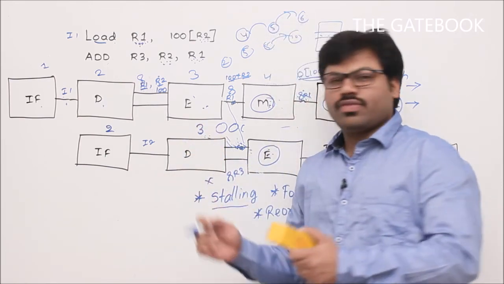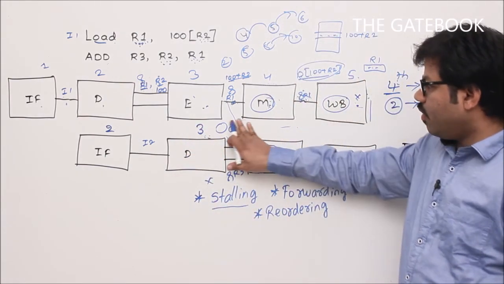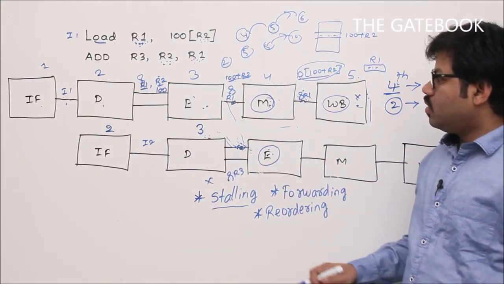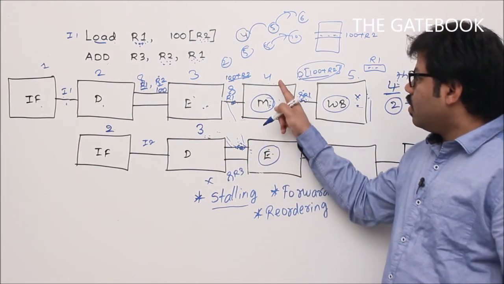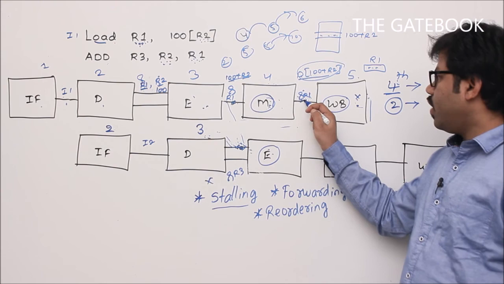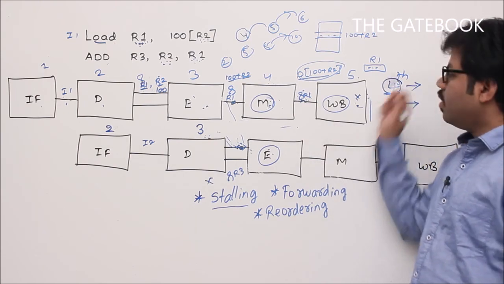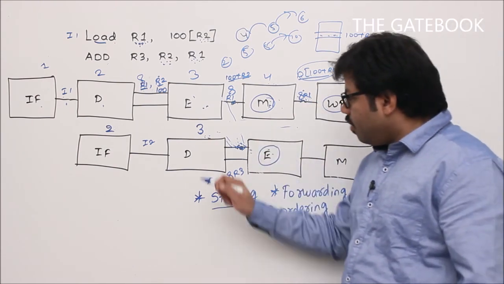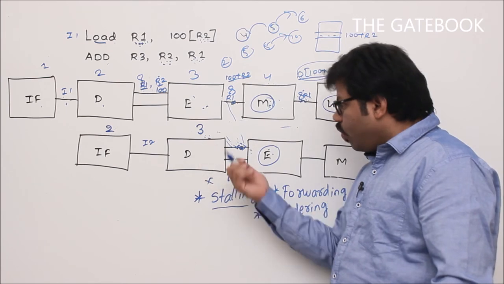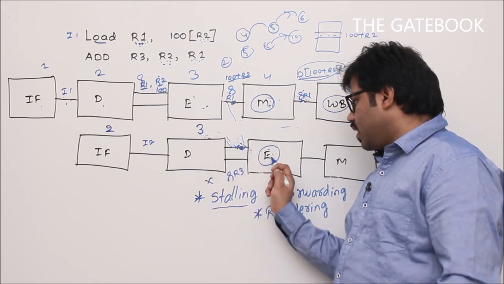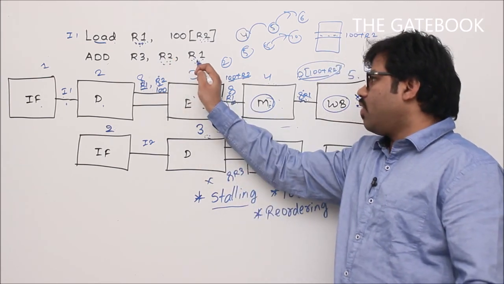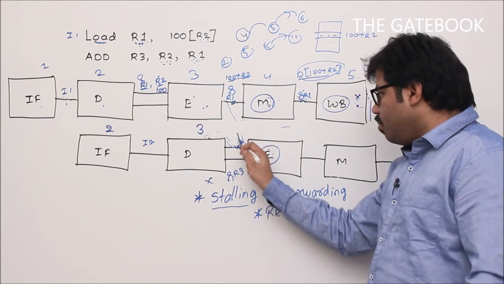So with that, now finally what is the thing is, the earliest time the data will be available is after fourth clock cycle. This is correct. But the earliest time data you require is after third clock cycle, because you want to execute addition. For that R1 is required. So here you need an input, right?